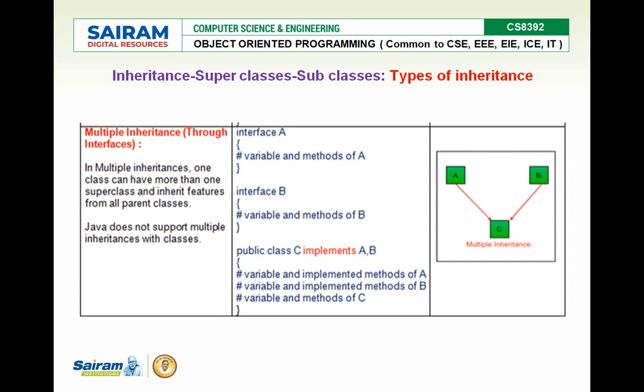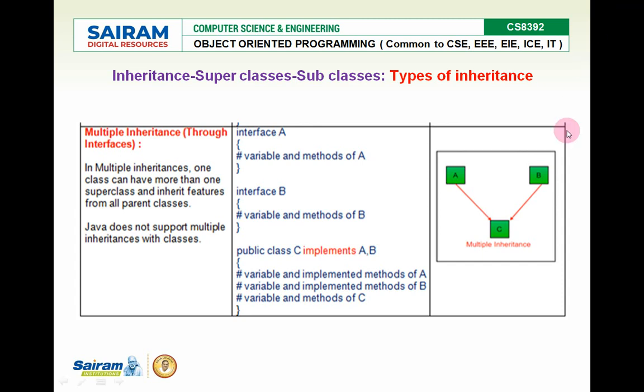Instead of classes A and B, I can have A and B as interfaces. If A and B are interfaces, even though you have the same function in both interfaces, the ambiguity can be avoided. How? I will show an example of how to avoid the ambiguity.